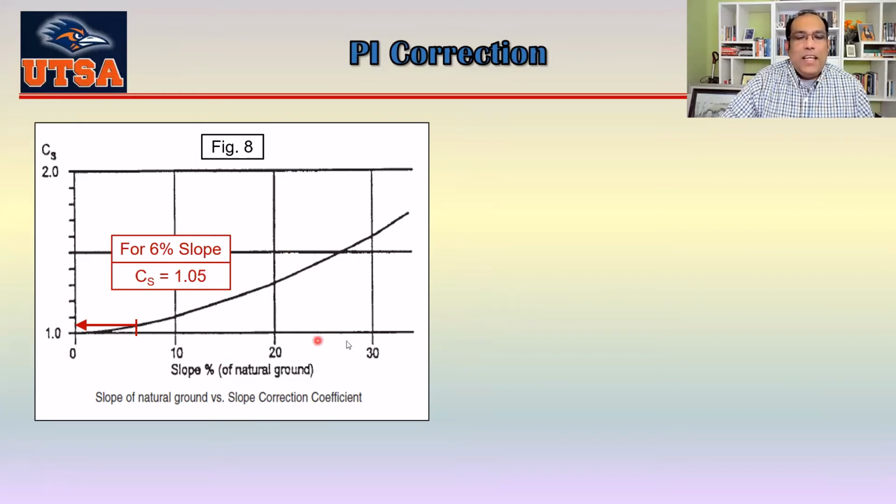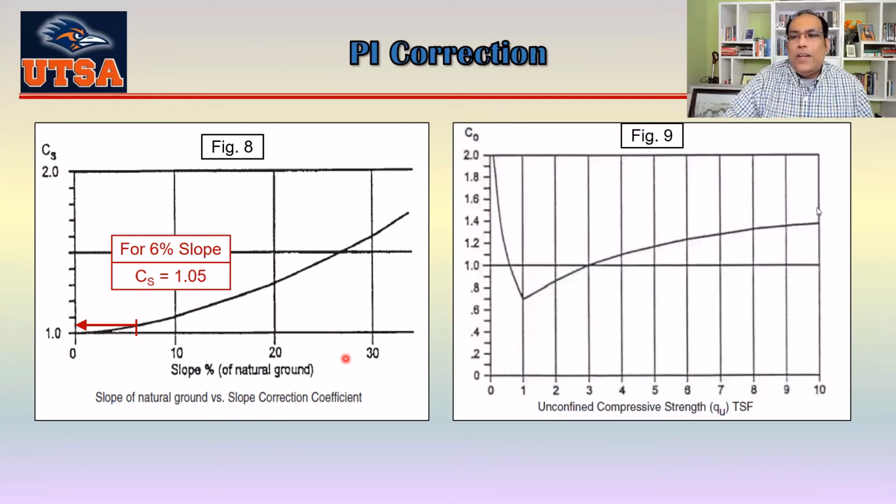Now the second correction would be from the QU, meaning your unconfined compressive strength or your undrained shear strength, okay? So here is your figure. Now our unconfined compressive strength for our case is 3 TSF. So if I come here and draw that line, then basically your C naught is 1.